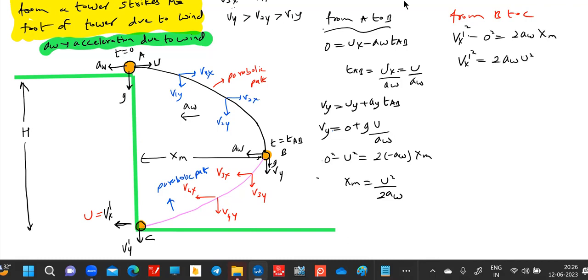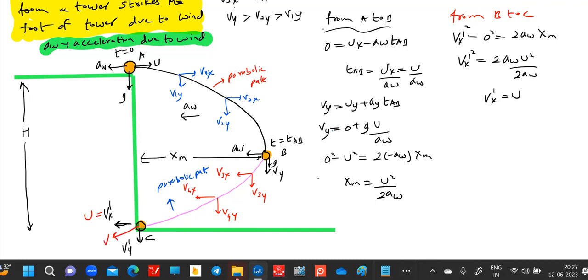What is xm equal to? u squared by 2AW. So what is Vx dash finally equal to? u. So with the same horizontal speed, it will come and strike. But here it will be striking somewhere in this direction.